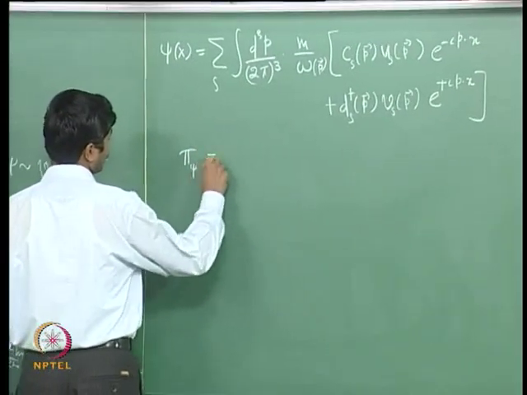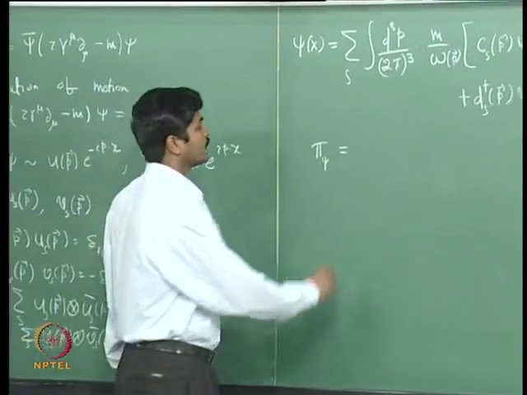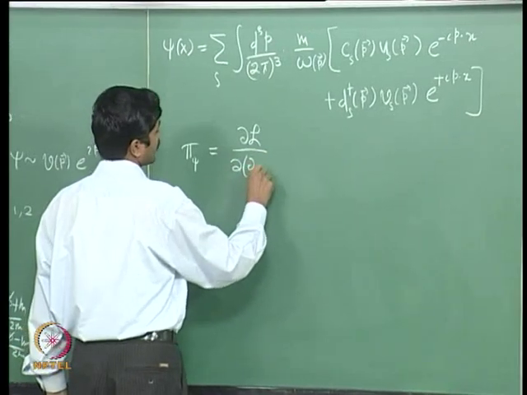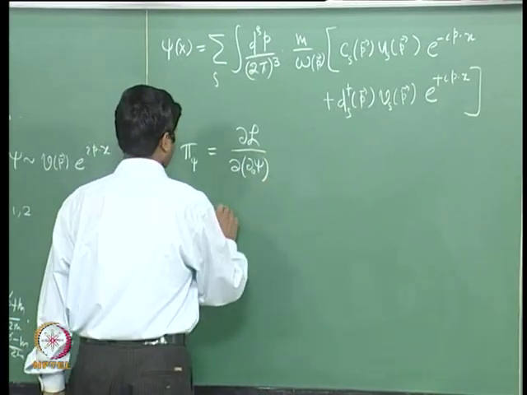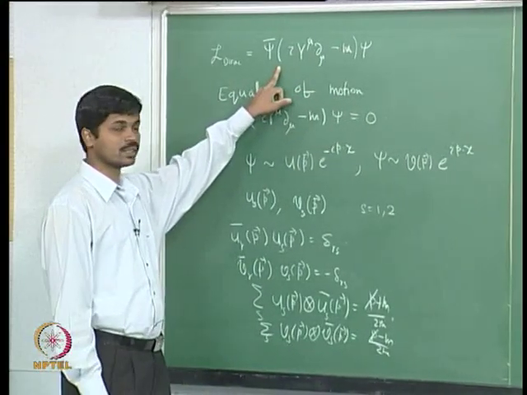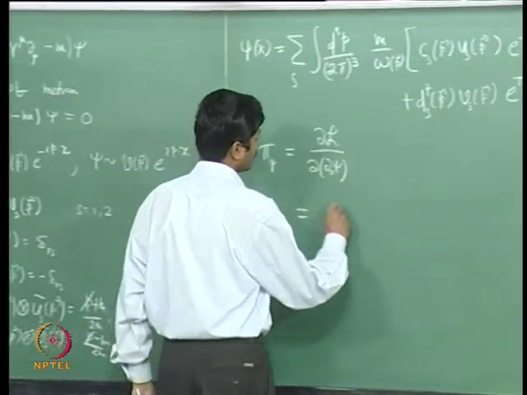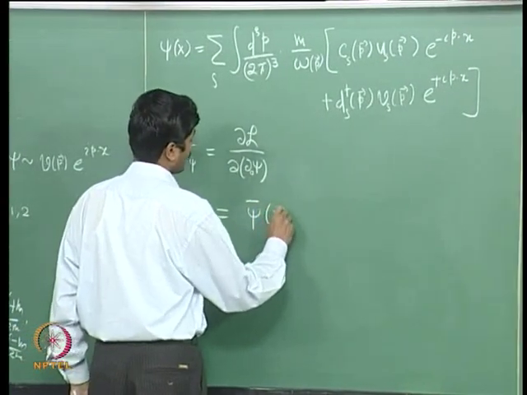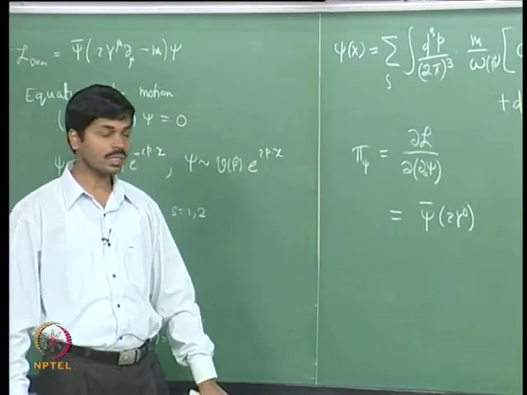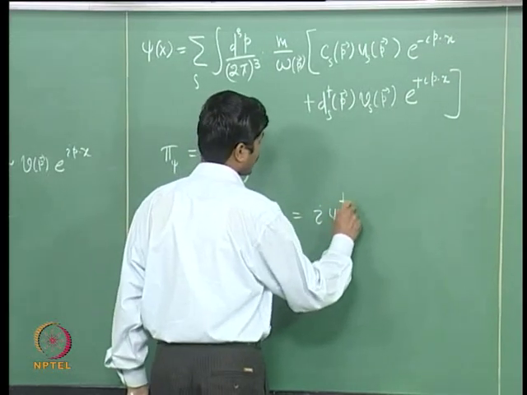If I call π_ψ the momentum conjugate to ψ, then this is ∂L over ∂(∂_0 ψ), and from the expression for the Dirac Lagrangian you can see that this quantity is given by ψ̄ iγ^0, which is equal to i times ψ†(x).